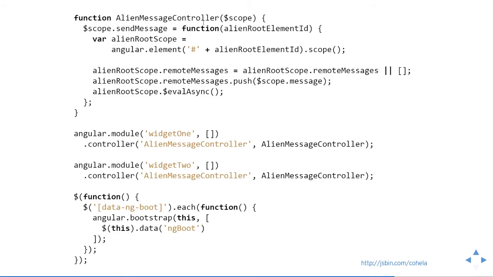In the controller we use scope for simplicity. On the scope, we register a function sendMessage, which requires a parameter, the alien root element ID: the ID attribute of the root element of the other application.